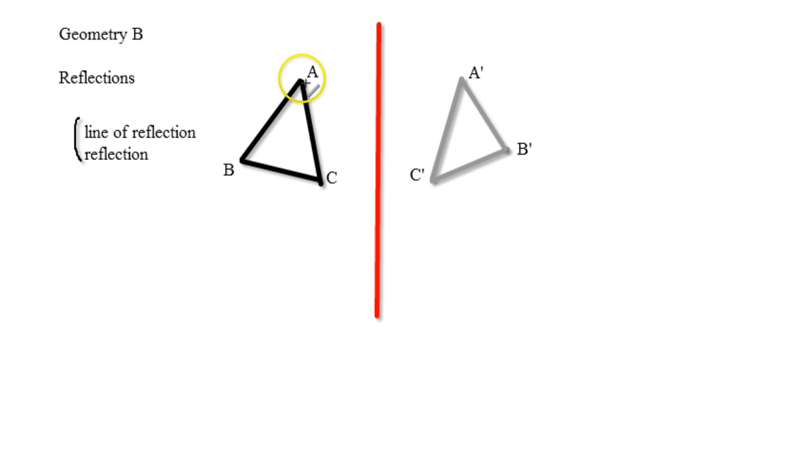Now, a way to tell the reflection is that the distances from each point to the reflection line will be equal distance. So these two will be congruent, okay? And then these two distances will be congruent as well.